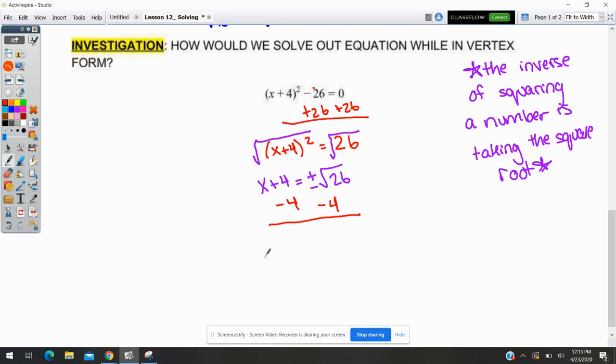The answer is going to look like this: x equals negative 4 plus or minus the square root of 26. You can't combine these, because the 26 is inside the square root sign. This is your answer, and this is how you would see it on one of our assessments. This shows the two points that would be your solutions. Let's do another few examples, starting from the beginning with factoring first, then solving.